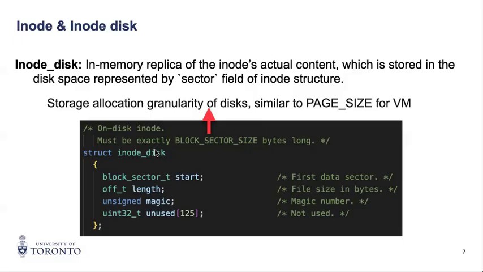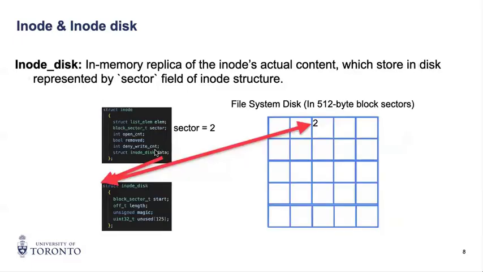This might not always be true, but here we just mean that the inode disk should be an exact copy of 512 bytes in the file system. We're assuming it can be stored within 512 bytes. I'll explain the fields of the inode disk with a visual representation.